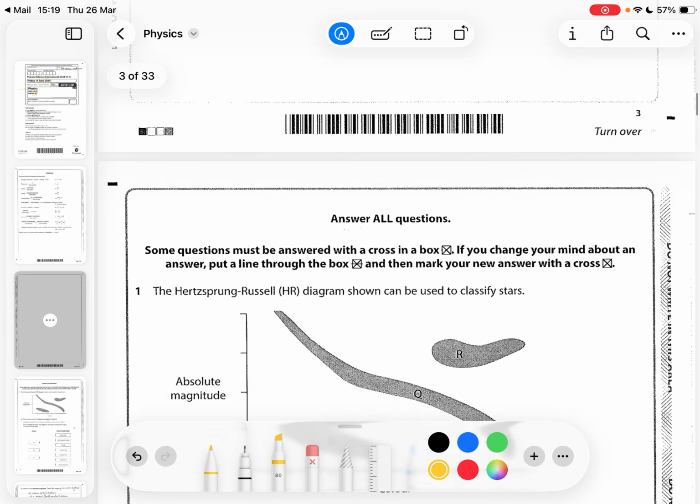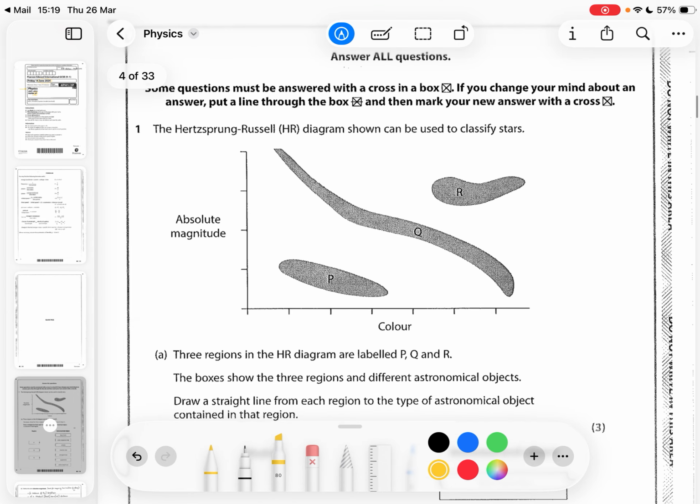Okay, so the first question is about Hertzsprung-Russell diagrams. A Hertzsprung-Russell diagram shows how to classify stars according to their luminosity or absolute magnitude, and the color.